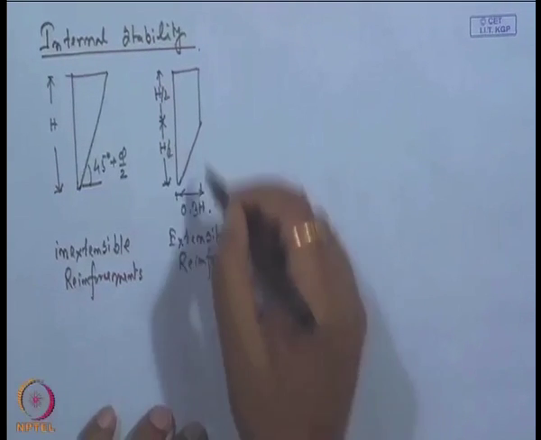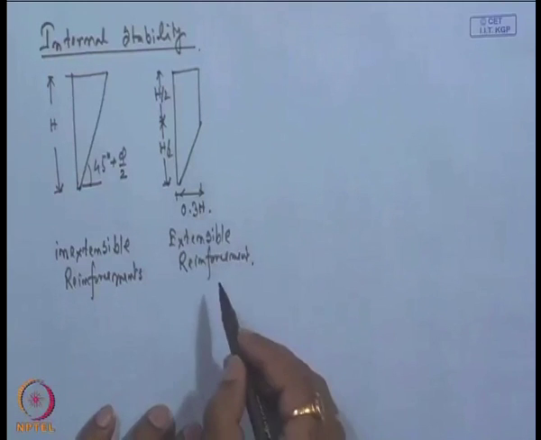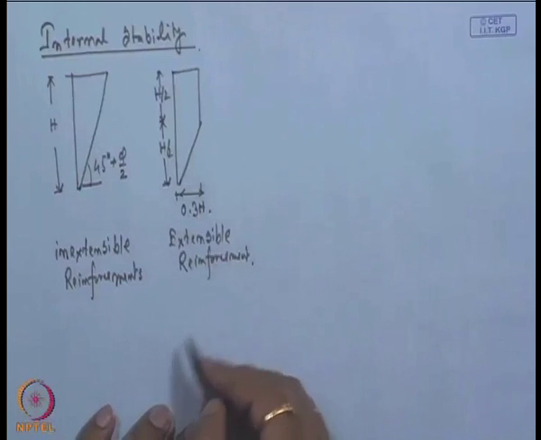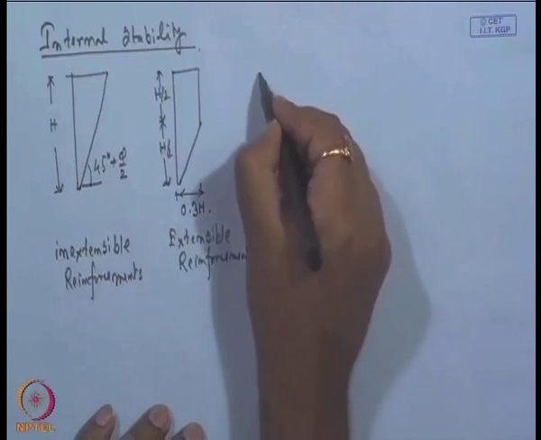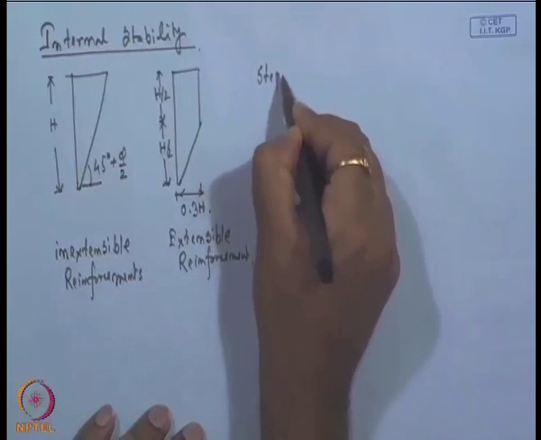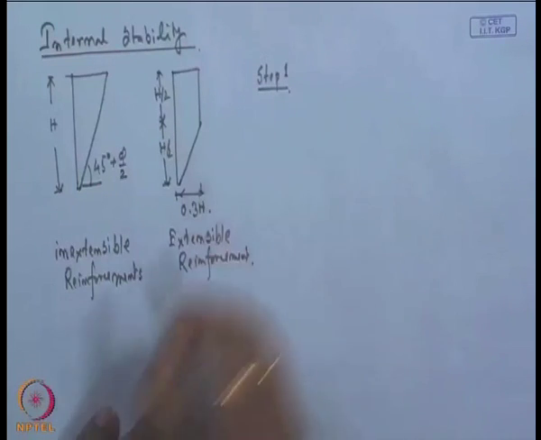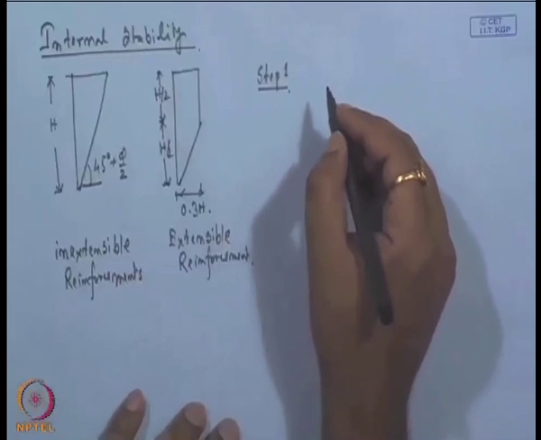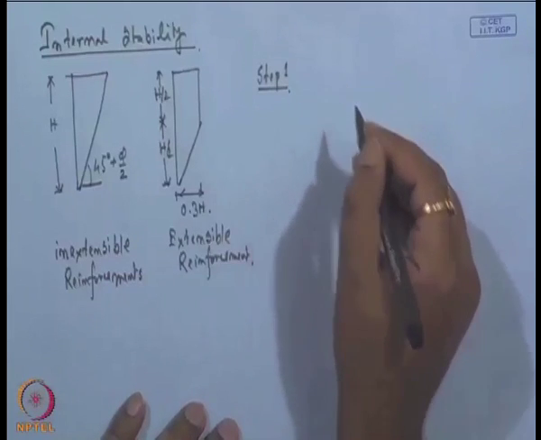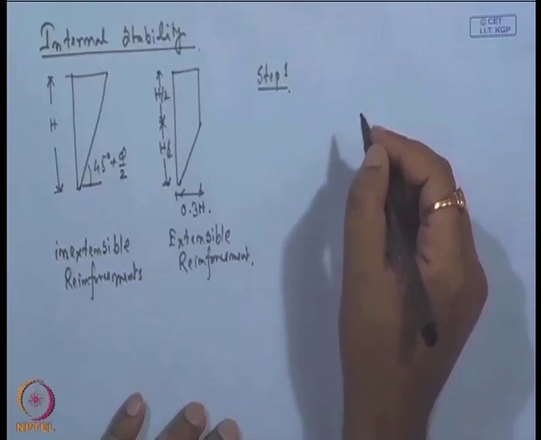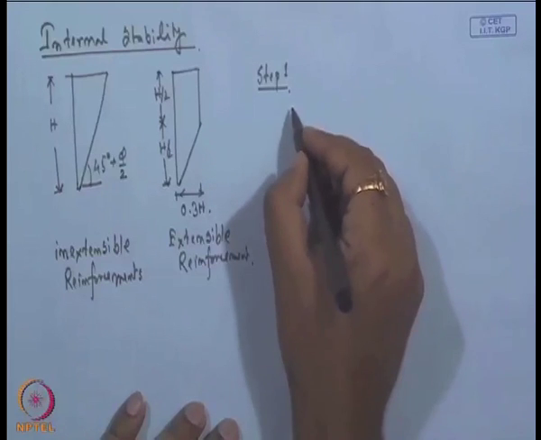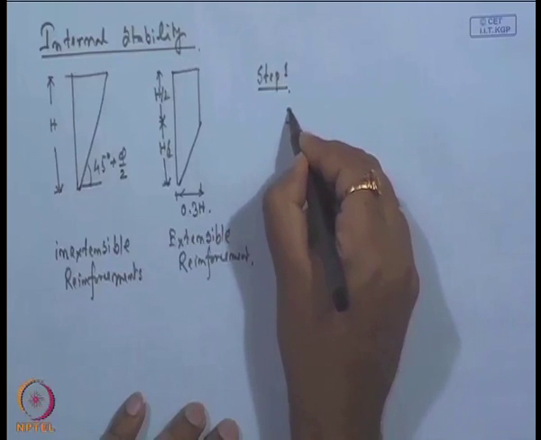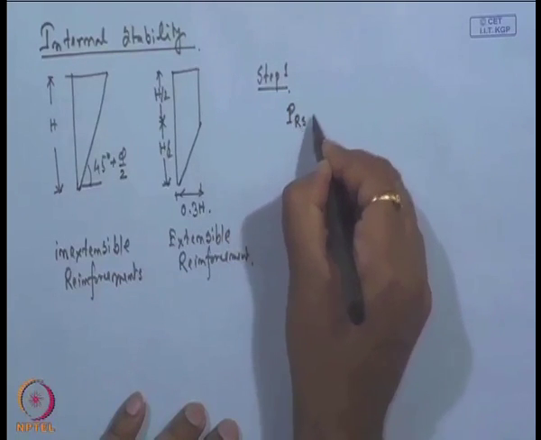Based on that, we have designed for the static condition and determined the spacing and the length. Now, let us check the internal design steps for the seismic condition stability. The pseudostatic internal force acts on the unstable internal failure zone. So, we will calculate that P_RS.